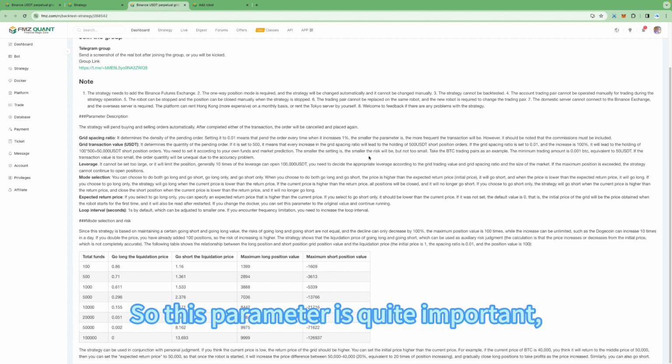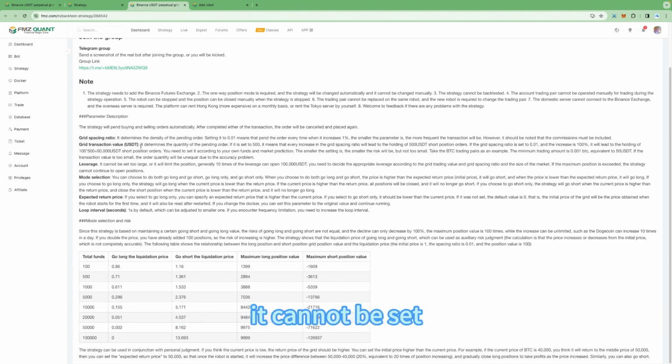So this parameter is quite important. It cannot be set too large or too small. It needs to be based on the minimum order amount of the exchange.